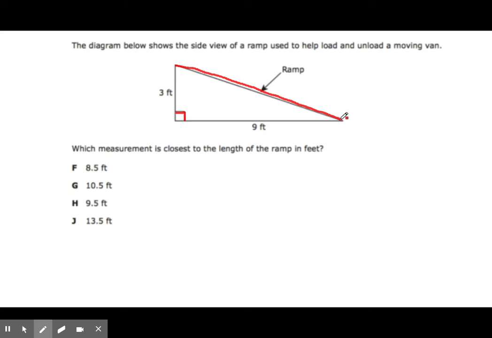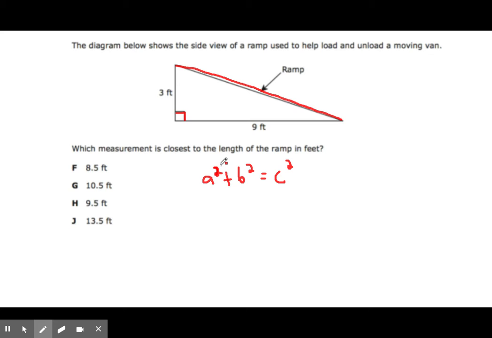Well, thanks to Sir Pythagoras, we can now do that with our Pythagorean theorem. So the Pythagorean theorem, remember, it says a squared plus b squared equals c squared. The first thing we want to do when we have our triangle is identify our hypotenuse.